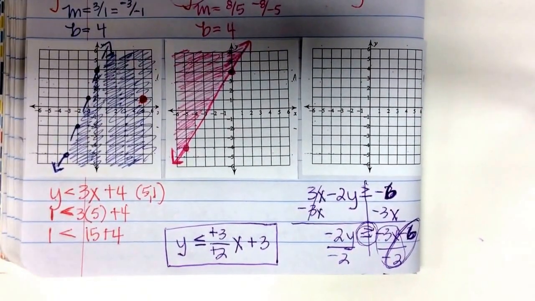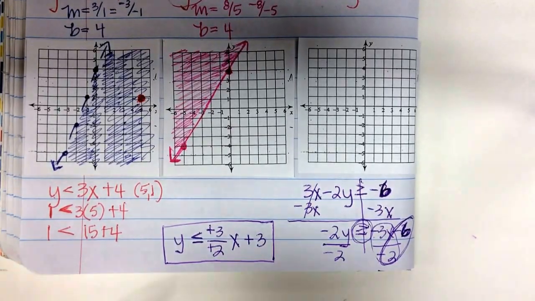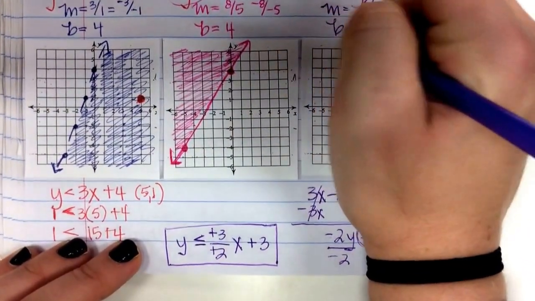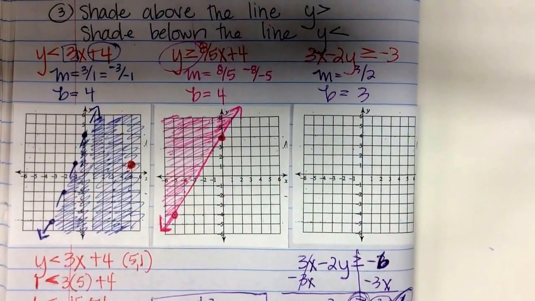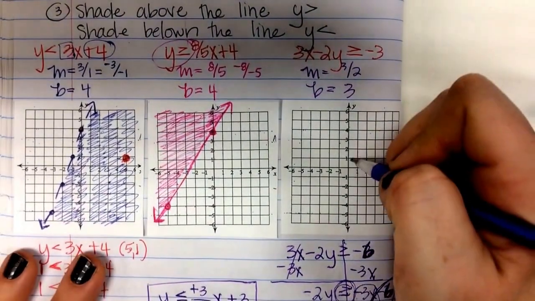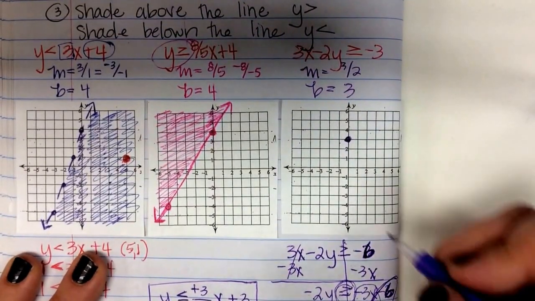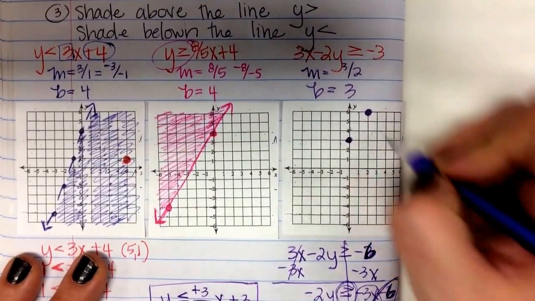What's the intercept? What's the m equal? The m is 3 over 2, and the b is positive 3, correct? So start at positive 3, and I go up 3 and over 2, but I want as many dots as I can.